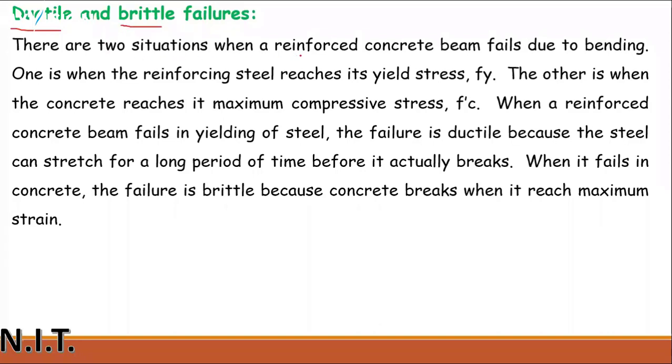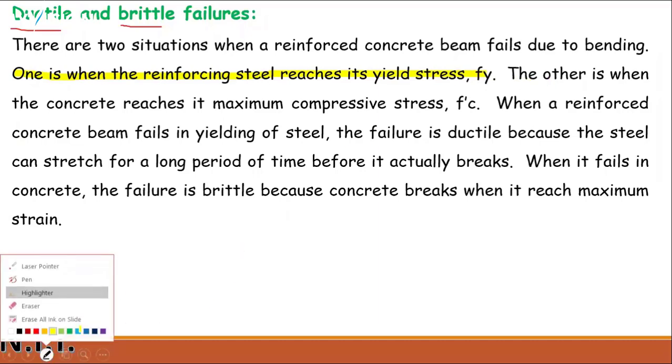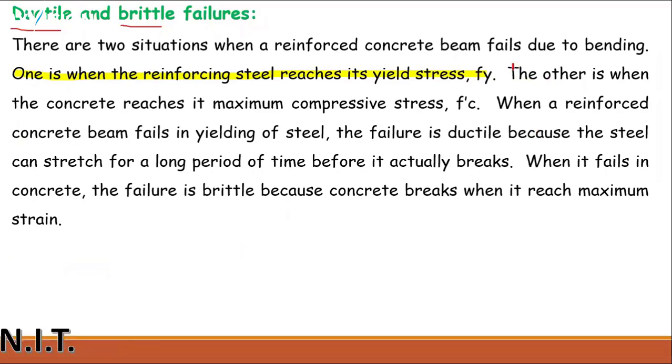There are 2 situations when reinforced concrete beams fail due to bending. One is when the reinforcement steel reaches its yielding stress, that is fy. The other condition is when the concrete reaches its maximum compressive stress.